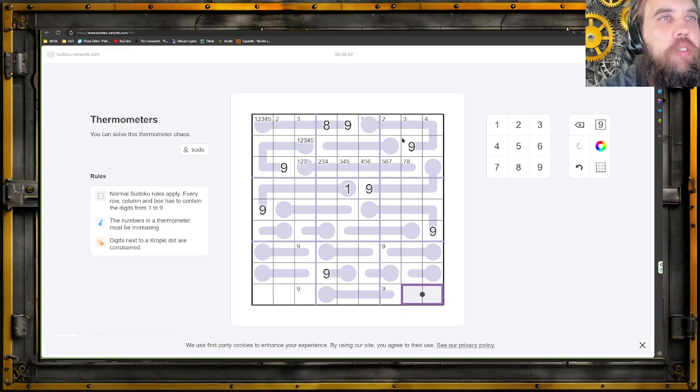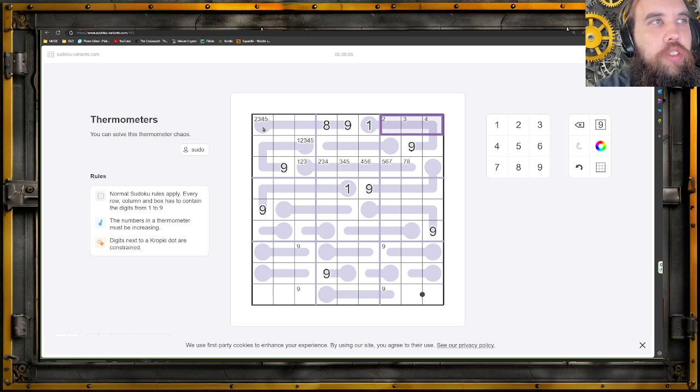Oh, that was easy. This is the only place for a 1 in this box, which does get rid of 1 here. This gets rid of 2 here, which gets rid of 3 here. Doesn't mean that this can't be that 2, 3, 4. It doesn't mean that you get rid of that altogether, but it does mean that the minimum moves up a little bit.